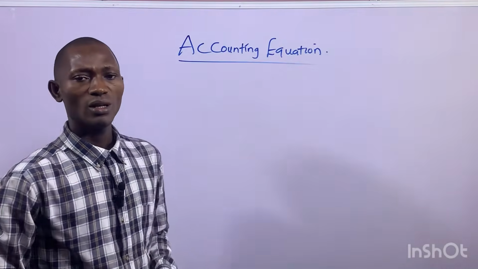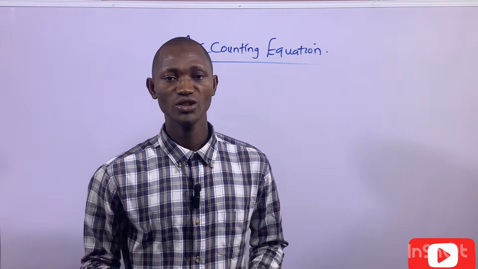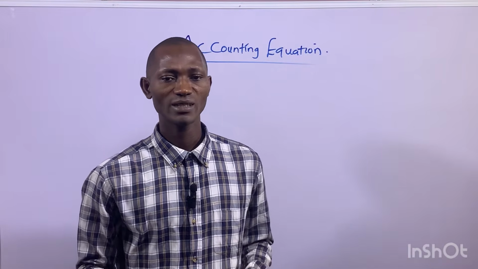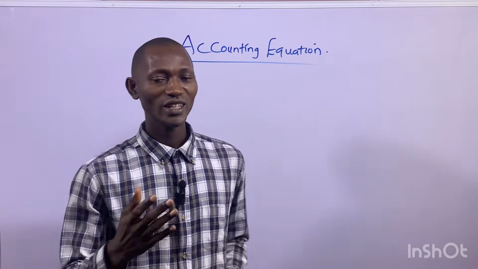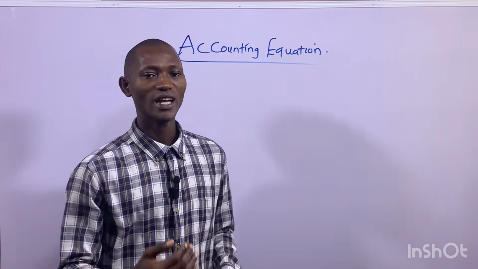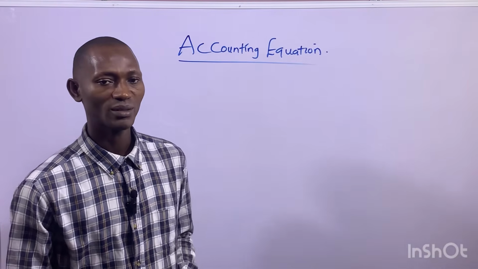So, accounting equation is a mathematical expression that shows the assets of the business and the claims against the assets of the business. The claims against the assets of the business are usually the capital as well as the liability.